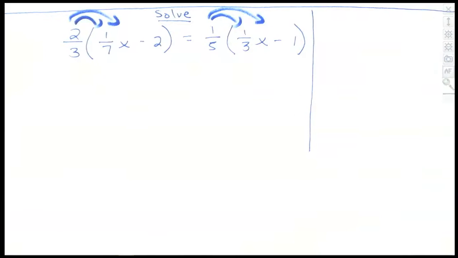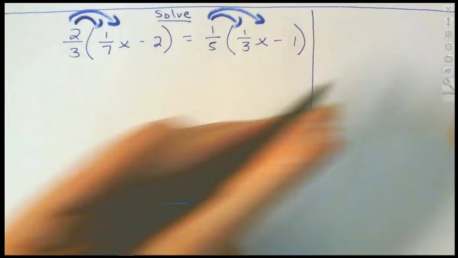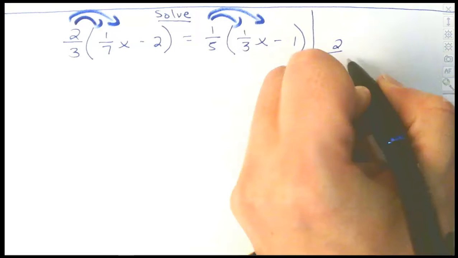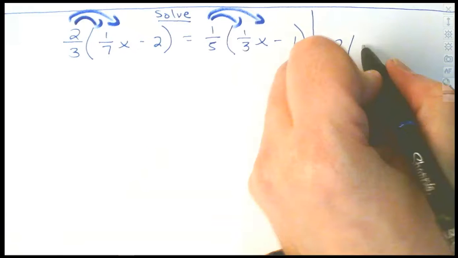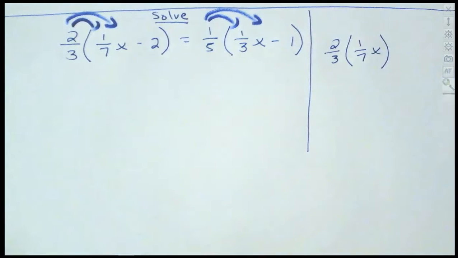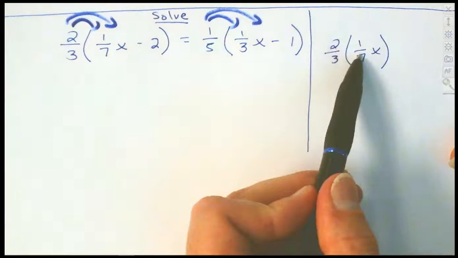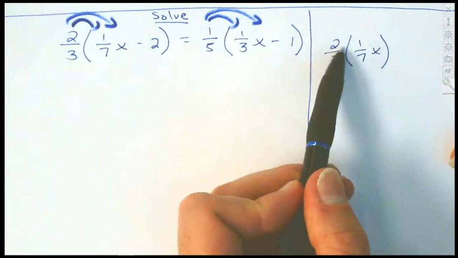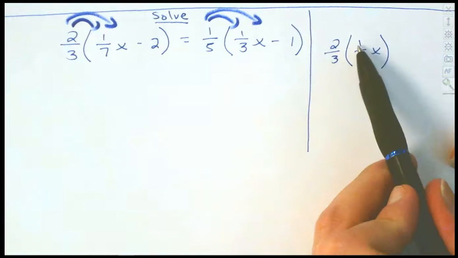And we struggle sometimes with multiplying these fractions, so we're going to write them out. So we've got 2/3 times 1/7 x. The first thing we do when we multiply is we see if we can reduce, cross cancel. Those cannot be cross canceled.